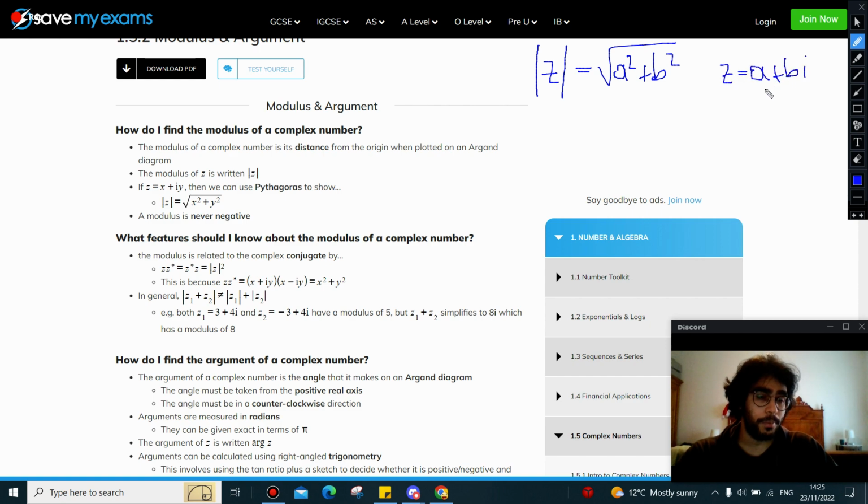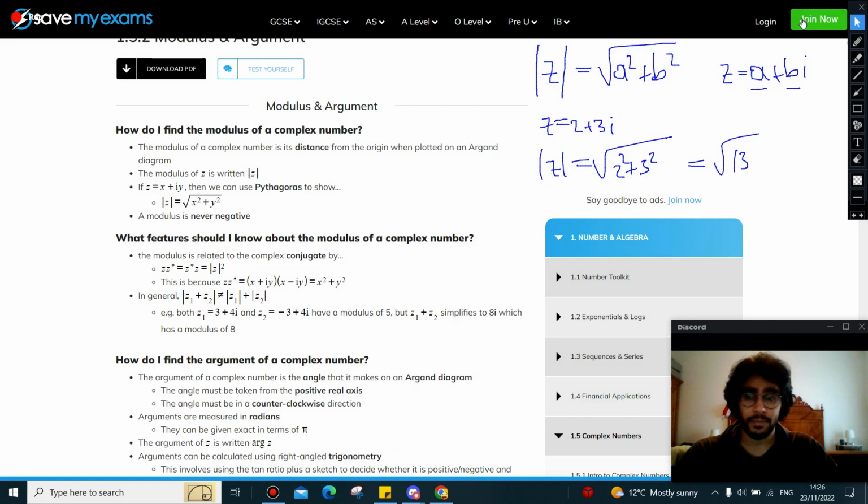Basically you take the square of your real part, the square of your imaginary part, and then you take the sum of it, and then the square root of it. For example, if z equals 2 plus 3i, then your modulus would be the root of 2 squared plus 3 squared, which would be root of 13. That would be your modulus.